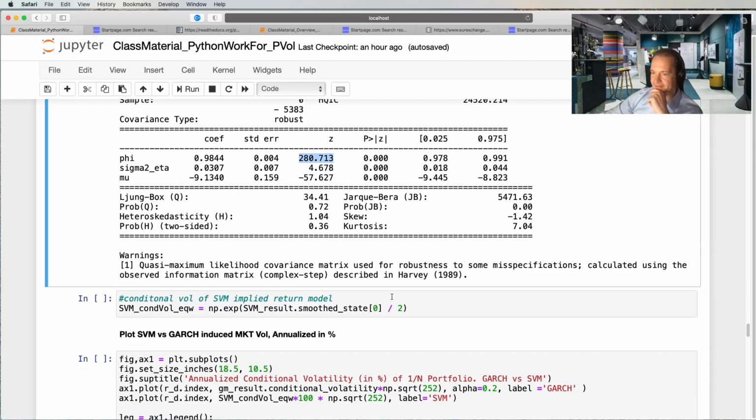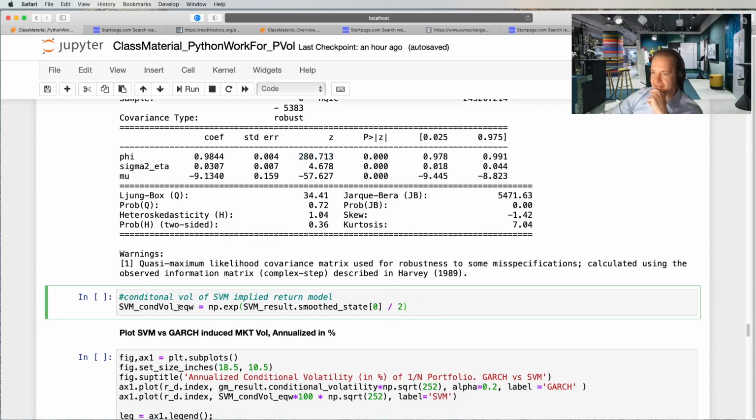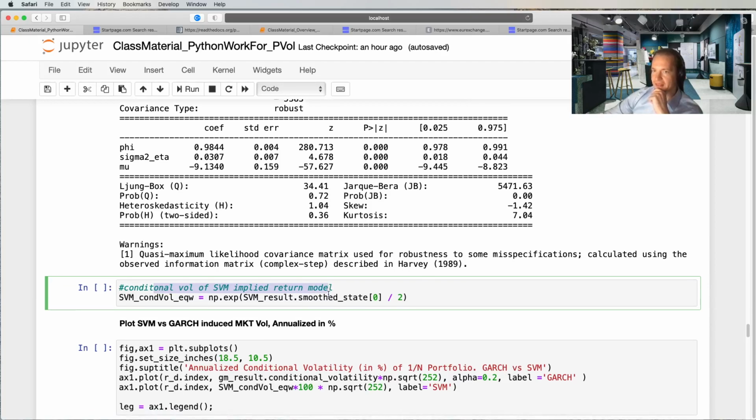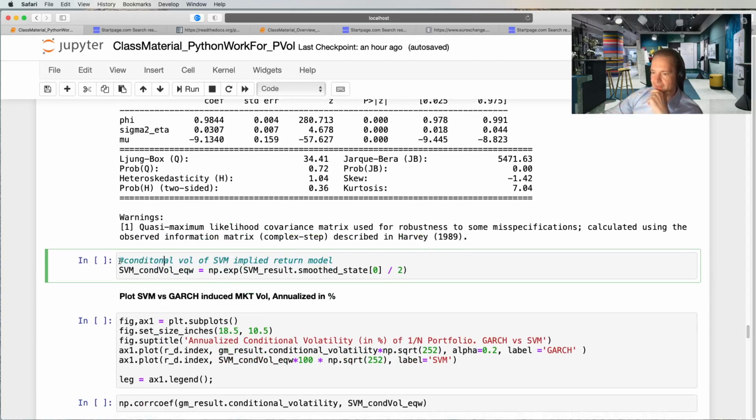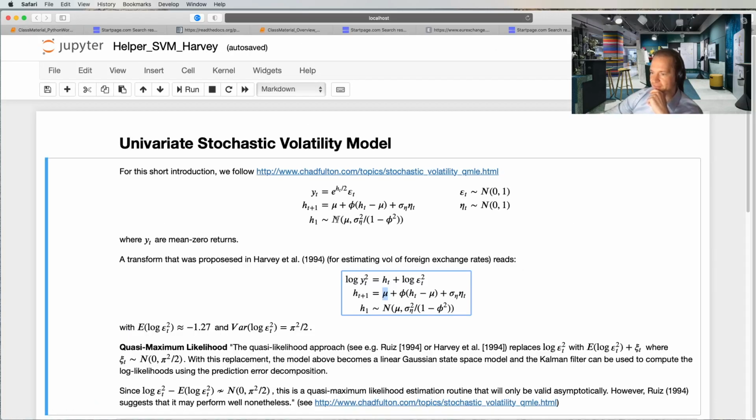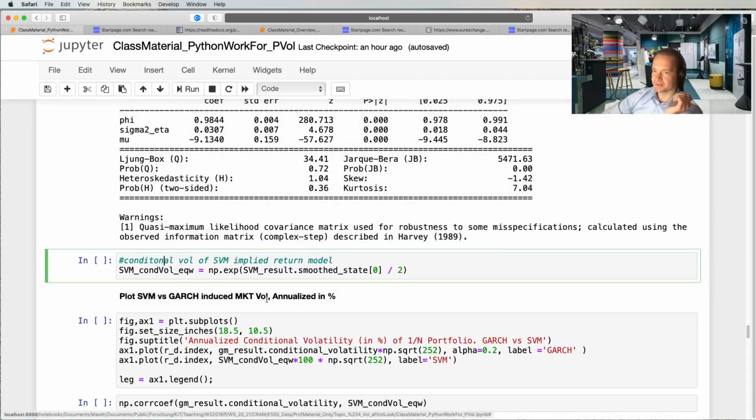Okay. Now let's just get the conditional vol of the SVM package. I think I do it till 11:30, if you don't mind, but you can always go. I mean, we are close to be done. I would like to finish that thing up. The way I do it, I look at the parameterization at chat. He says volatility is E to the HT divided by 2. Okay, so that's what I do.